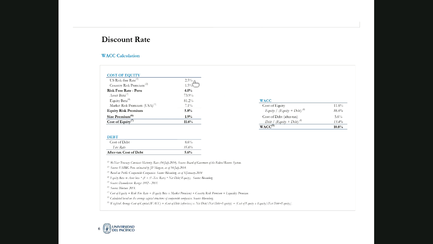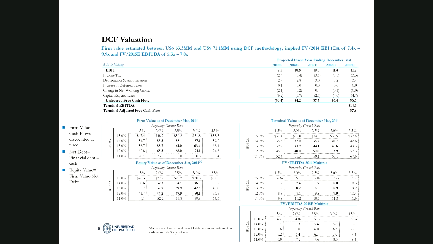We had a cost of equity of 11.6%, a cost of debt of 5.6%, and then using a mix of equity to debt of 86 and 13% based on probably the comparable companies mix, we had a WACC or a discount rate of, in this example, 10.8%.